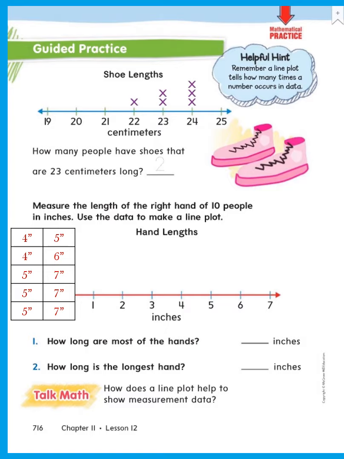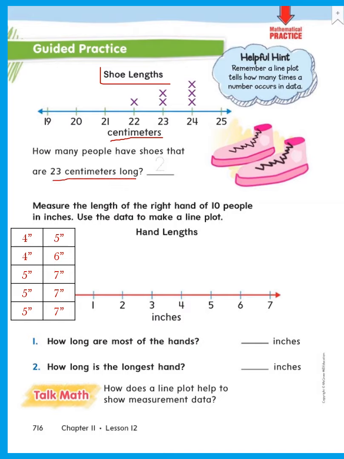So let's look at the helpful hint at the top. It says, remember, a line plot tells us how many times a number occurs in data. So here we have a line plot at the top, and the title is Shoe Lengths, and our unit is centimeters. And there's a question. How many people have shoes that are 23 centimeters long?